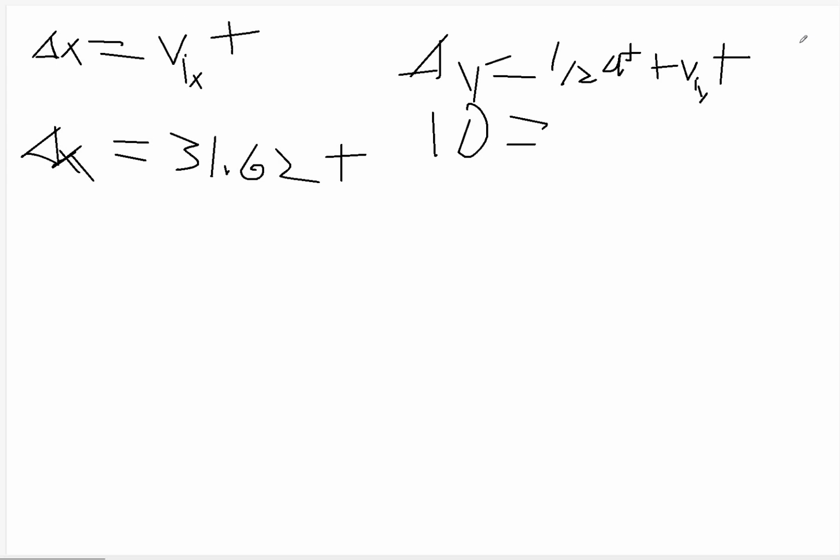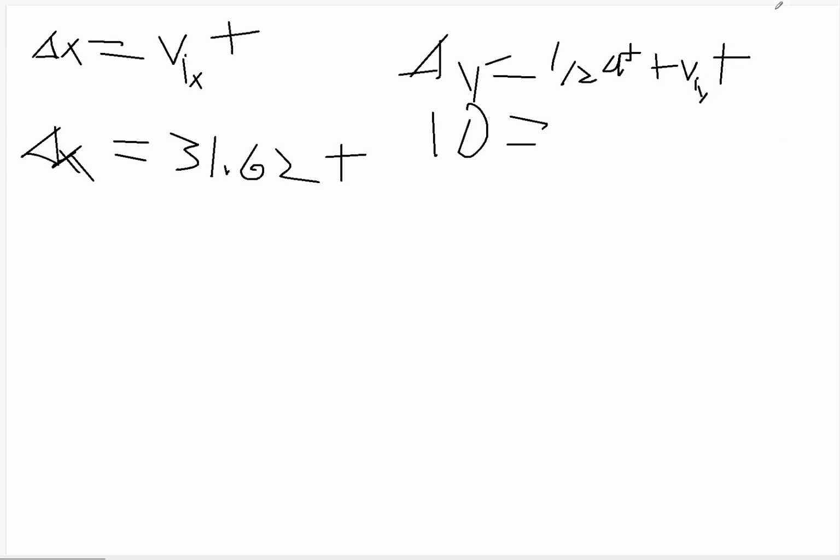Here, I forgot to say that the VIY, as we discussed earlier, there's no launch angle. It doesn't launch up or down. It just goes flat across, moves horizontally. Therefore, there is no initial velocity in the y direction.